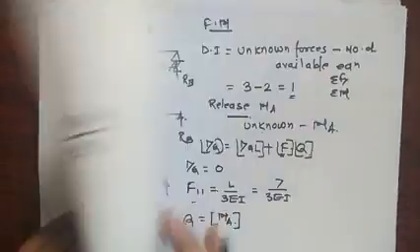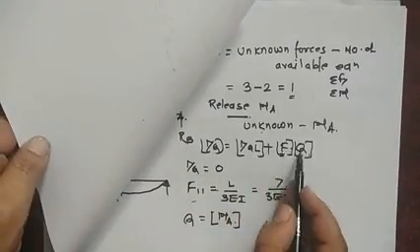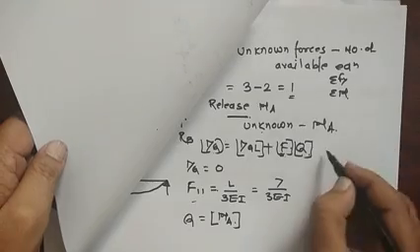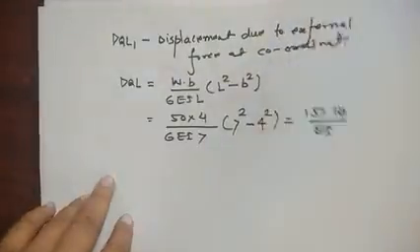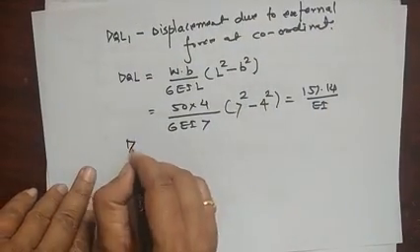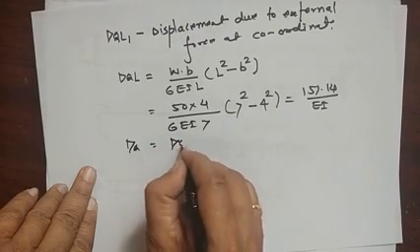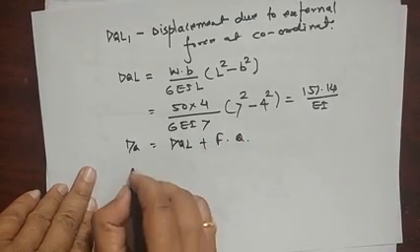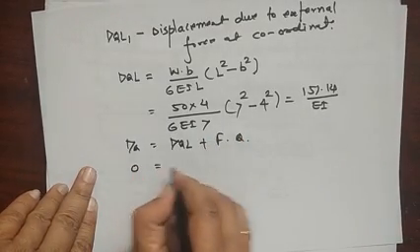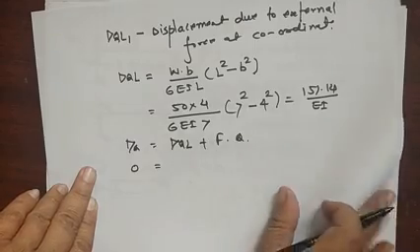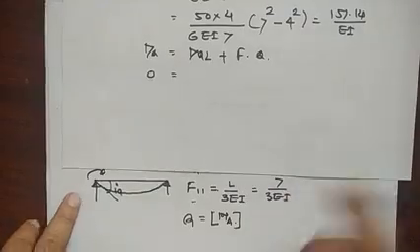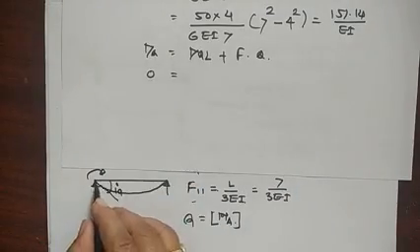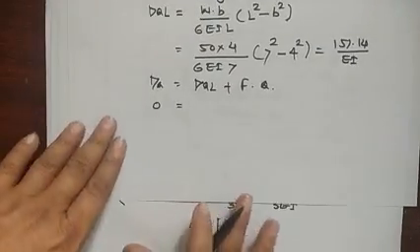As per the equation, we got all these values, so put all these values into this equation. dq is equal to dql plus F into Q. dq is 0, equal to dql.